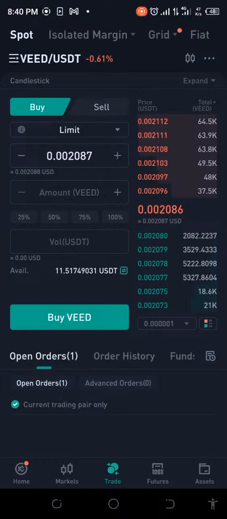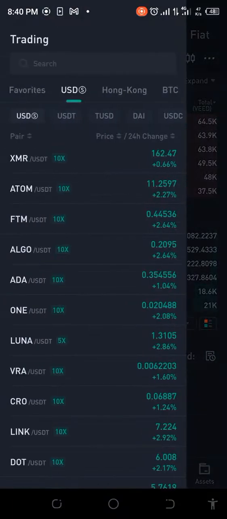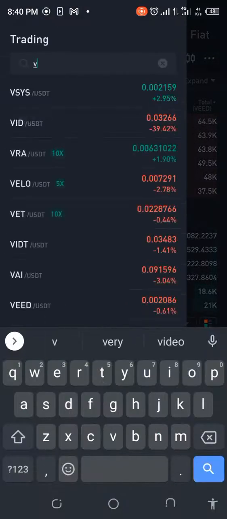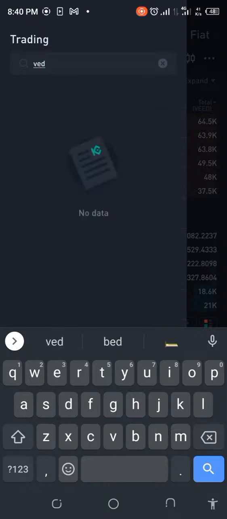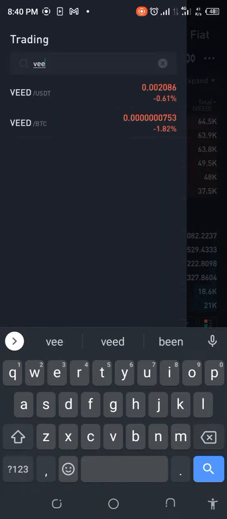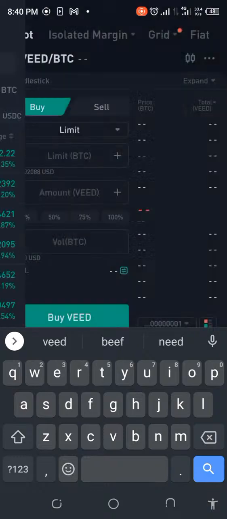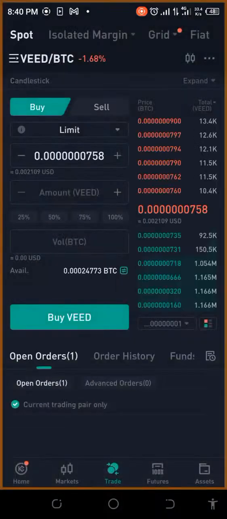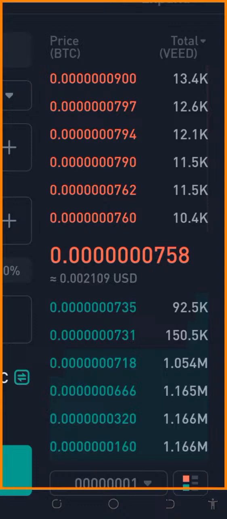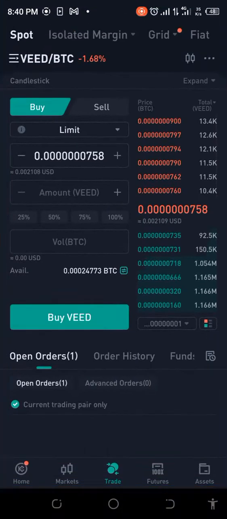What took time was that we were waiting in VID BTC, and it was taking like forever. We bought it at 0.0000768, and we placed our sell limit at that price, 768.